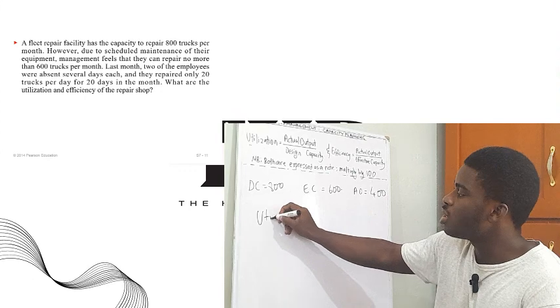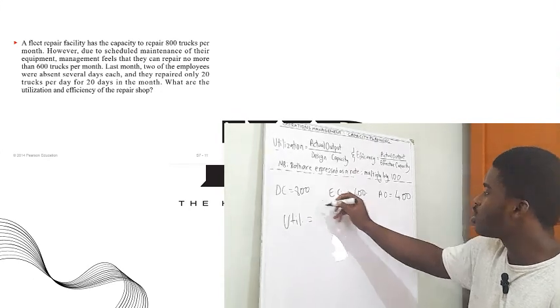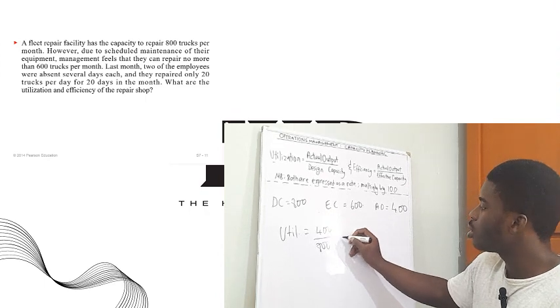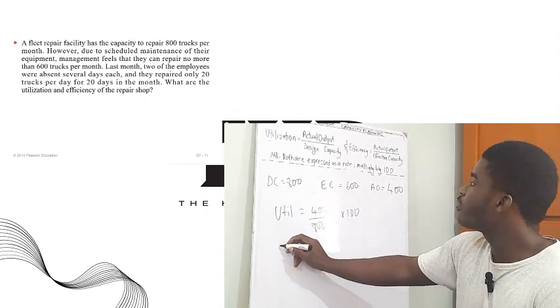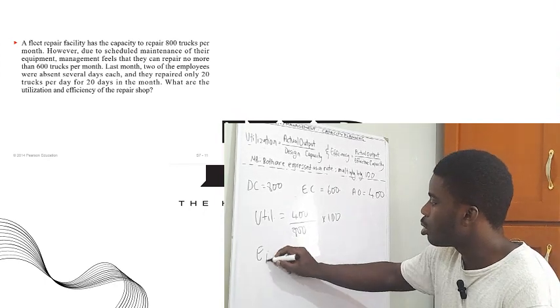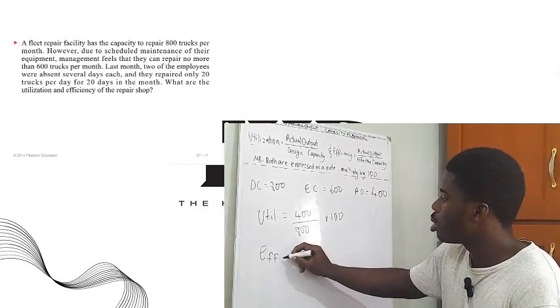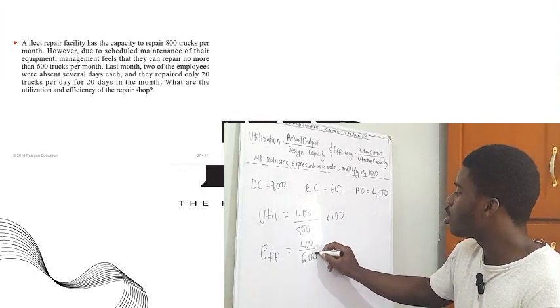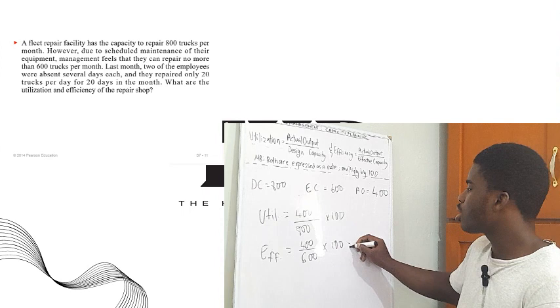So for utilization, that gives us 400 over 800 times 100. Then for efficiency, now you have 400 over 600 times 100.